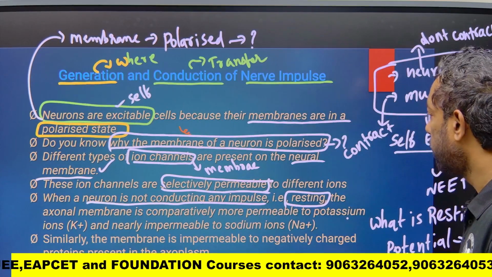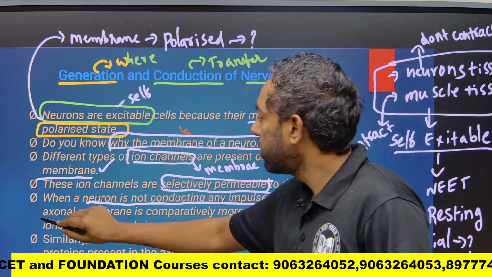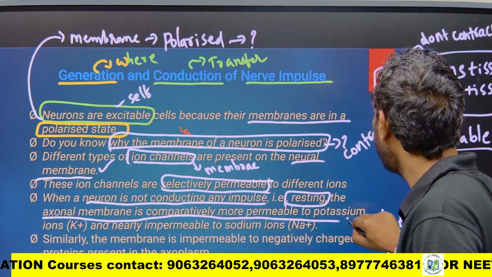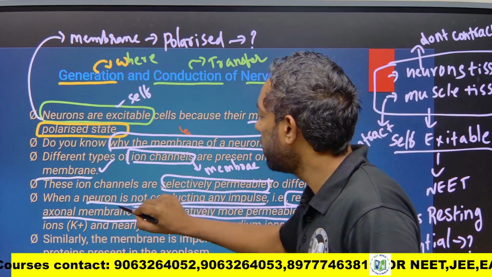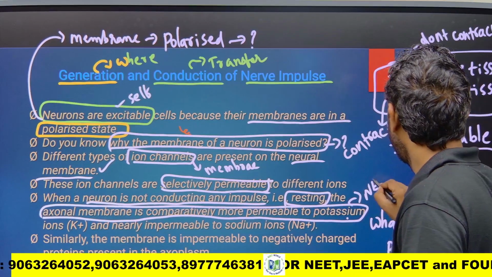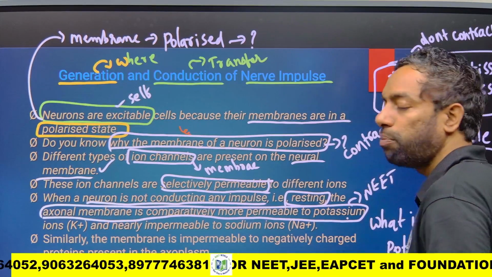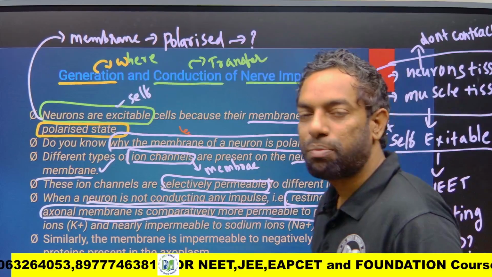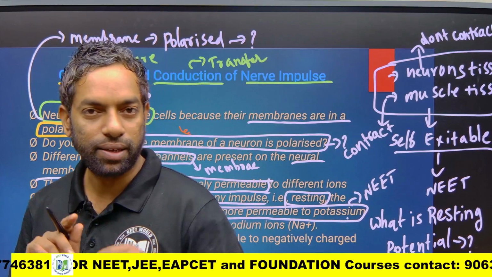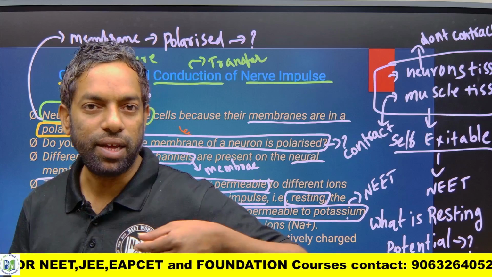The axonal membrane is comparatively more permeable to potassium. This is an important NEET point. The neural membrane we can call the axonal membrane, the membrane along the length of the axon.